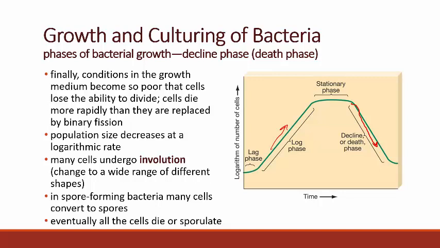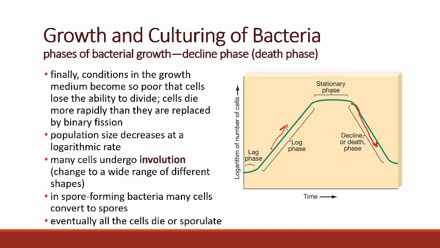In spore-forming bacteria, this is the point when many of the cells begin, or they may have been making endospores for a while, but as the cell dies and lyses, the spore is released, and now that individual's DNA is no longer causing active metabolic work to go on, and the cell enters a resting stage.